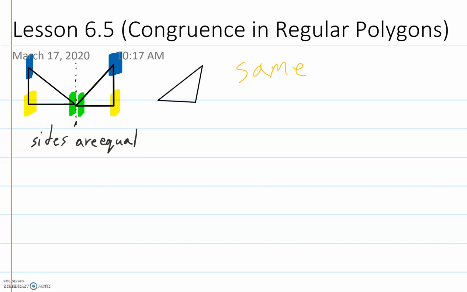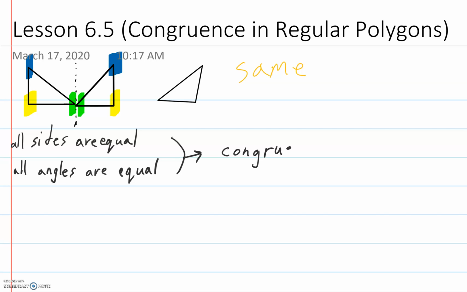So all sides are equal, and all angles are equal. So both of these things have to be true, and if they're both true, then they are congruent shapes, or in this case congruent triangles.